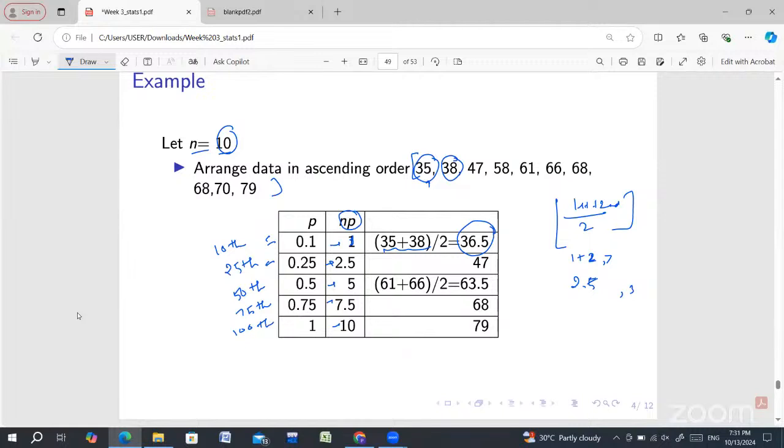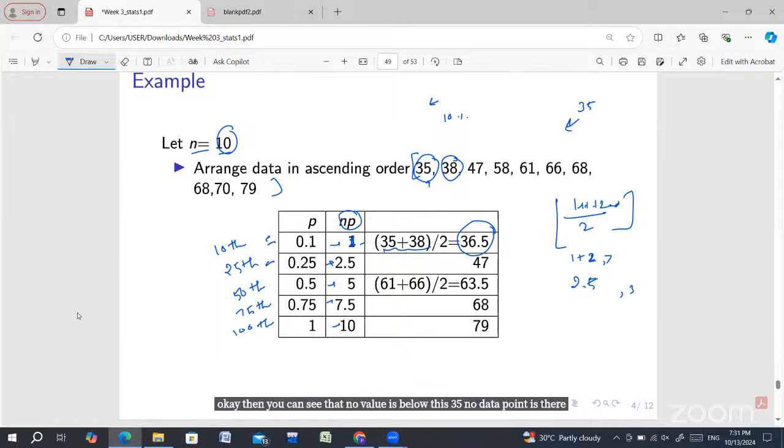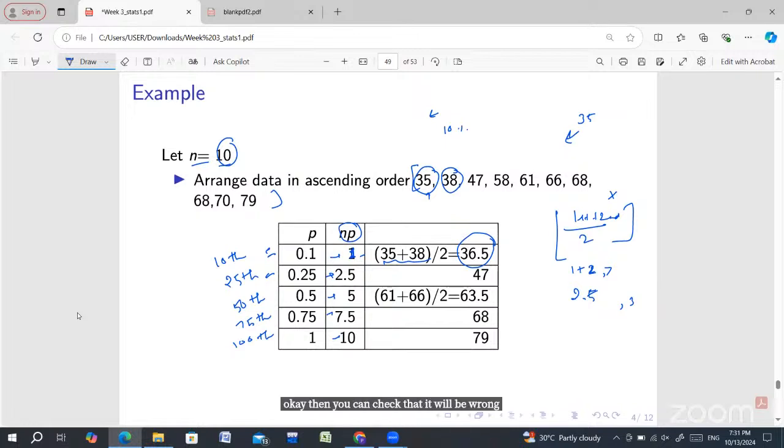If you check it, it is the 10th percentile, which means that below it, 10% of the data should be there, and it is giving you the first value. So if you take 1 directly, then it will be 35, and you can see that no data point is below this 35. You can check that it will be wrong in that case. 10% of values should be below it, but if you take 1 directly, then there will be no value.